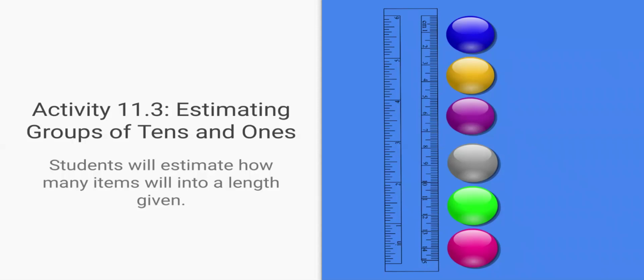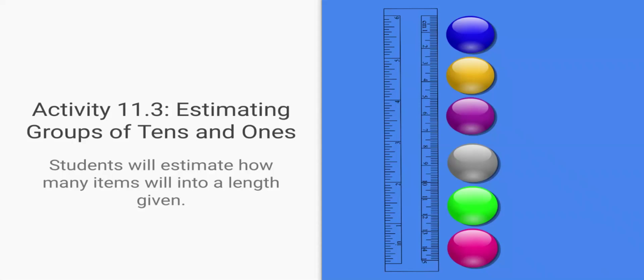Another question is, in this activity 11.3, what is the reason for students to estimate first? When they estimate first, they can compare what they estimated and the result. When they actually work out the problem, they can see, did I estimate close to the result?